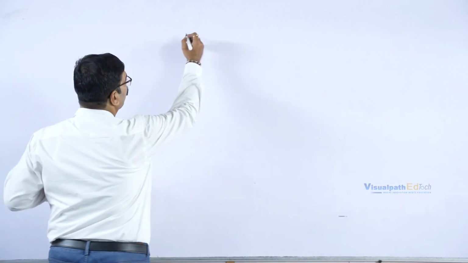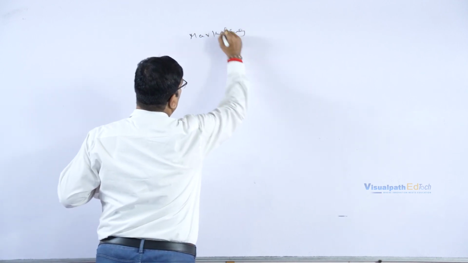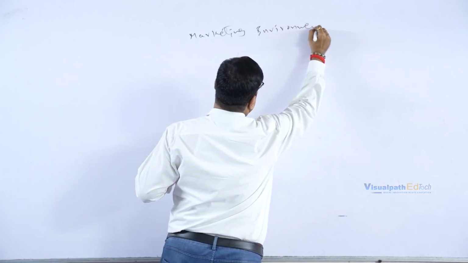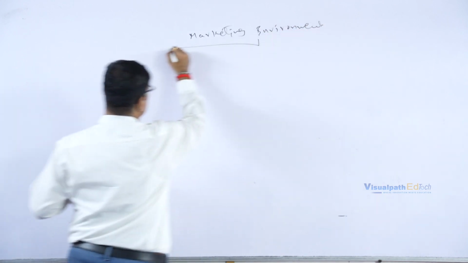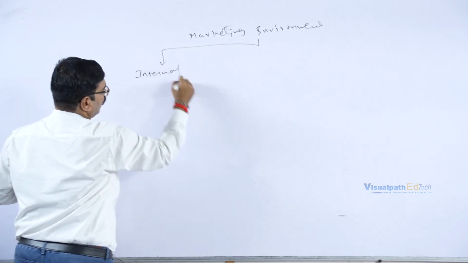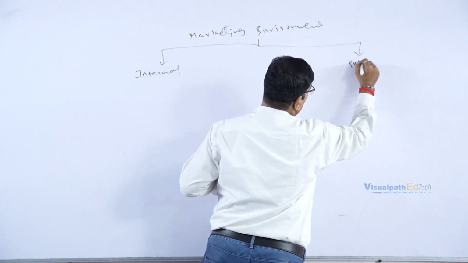So marketing environment can be classified into two types. One is called the internal environment. The other one is called the external environment.